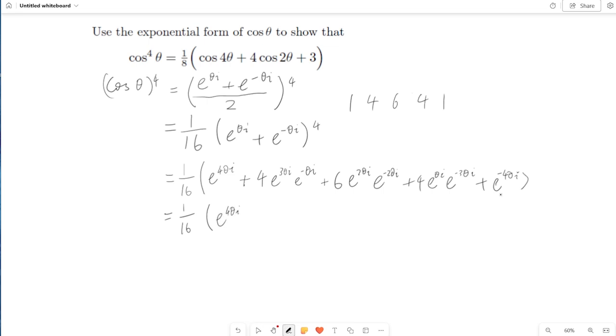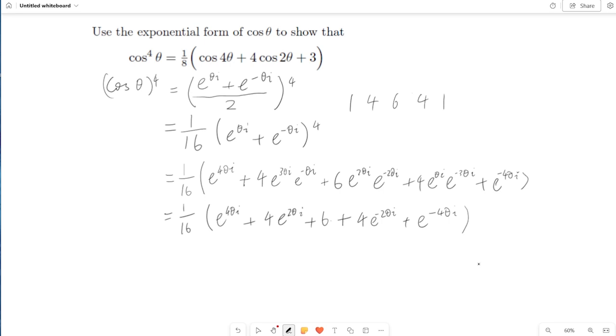Let's simplify everything. Plus 4 e to the 2 theta i plus 6. Well, positive, negative, they cancel each other out, so we only have 6 left. Plus 4 e to the power of negative 2 theta i, then plus e to the power of negative 4 theta i.